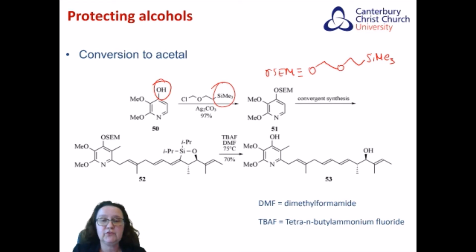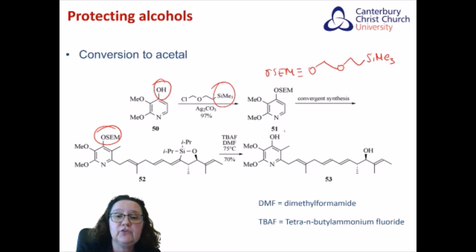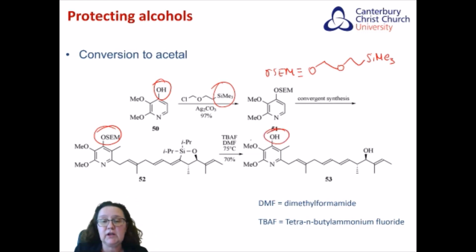You do a series of reactions that change the molecule, and this hydroxyl is protected. And when it's time to liberate the hydroxyl group, you use an ammonium salt in DMF, dimethylformamide, and you liberate the hydroxyl group.